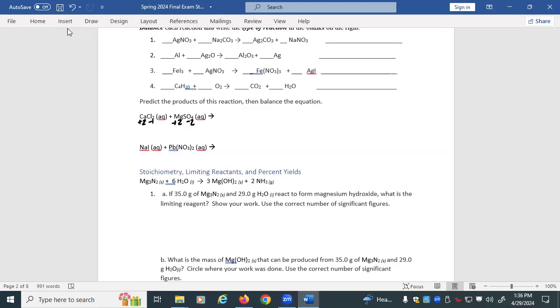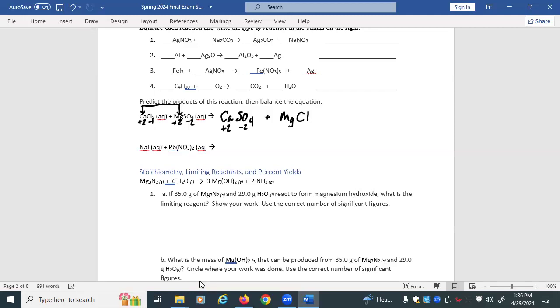This is double replacement, so my cations, the positive ions, are going to switch places. Calcium is now going to go with sulfate. Magnesium is now going to go with chlorine. Since this is double replacement, the charges don't change. If calcium was +2 before, it's still +2. The sulfate was -2, it's still -2.